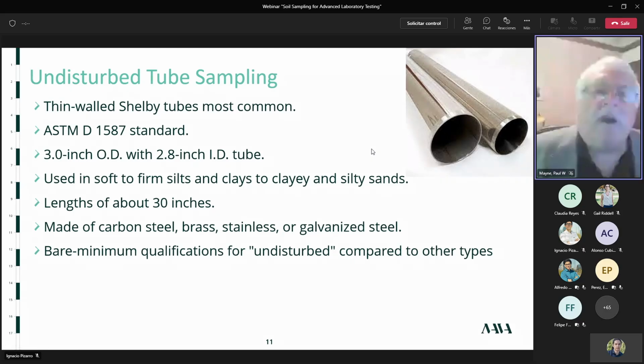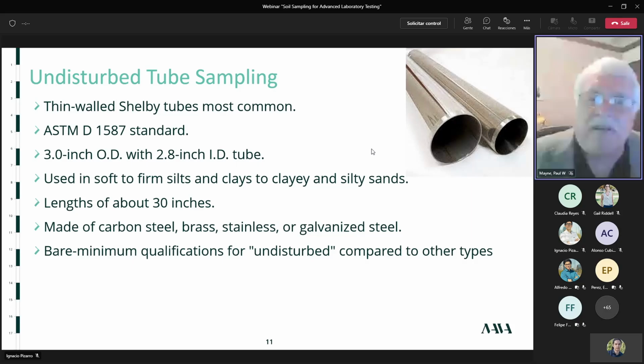So we have a series of types of tube samplers that we call undisturbed tube samples. And the thin wall Shelby tube is the most common. It's given by ASTM D1587. It's a nominal 3-inch outside diameter with a 2.8-inch inside diameter. And it's used to capture undisturbed samples of soft to firm silts and clays, perhaps clayey and silty sands.